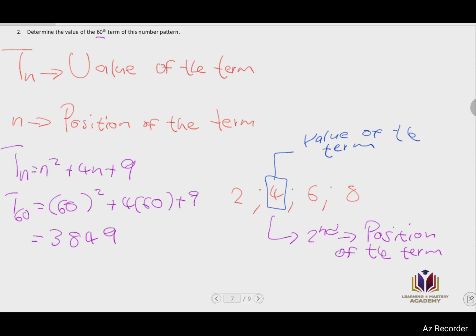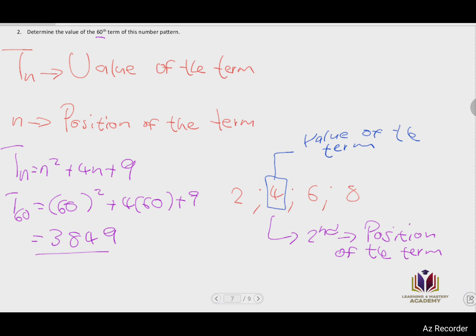Okay, so let's say they wanted you to calculate the position. How would they phrase the question? Let's use this. So they would say, which term is equal to 3,849?